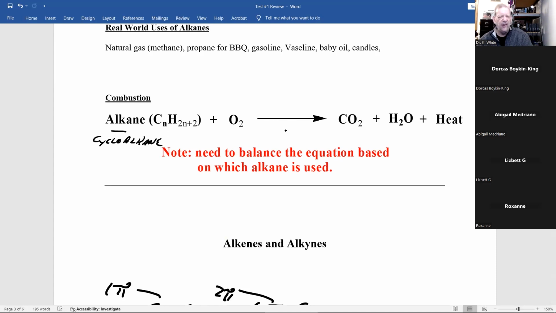And here, the products are carbon dioxide, CO2, and water. Now, a chemical product is heat, which is the most important thing. And I will never ask you to balance an equation in this class.